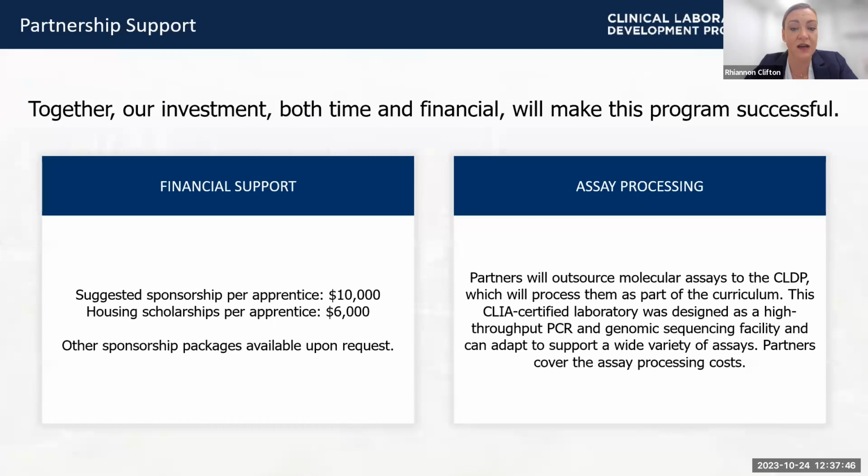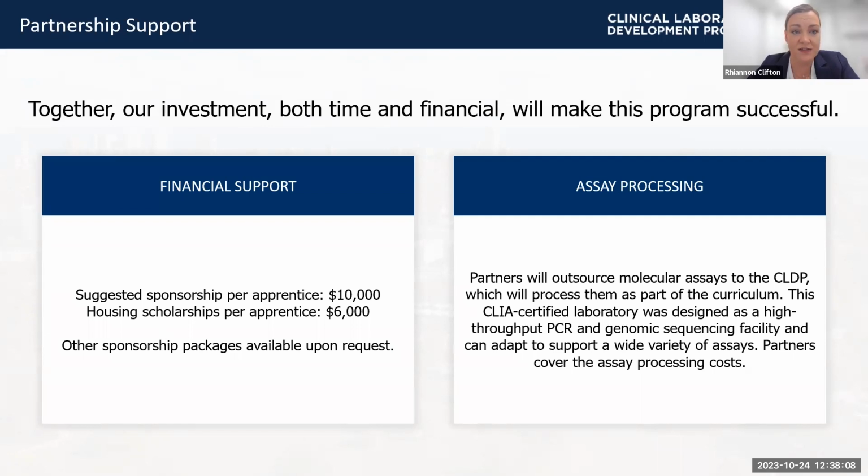And in order to do that, we want to have clinical diagnostic testing that they're learning from. And it's important to note they will not be processing clinical samples on their own. They will be shadowing very closely one of our bench scientists throughout their bench training.